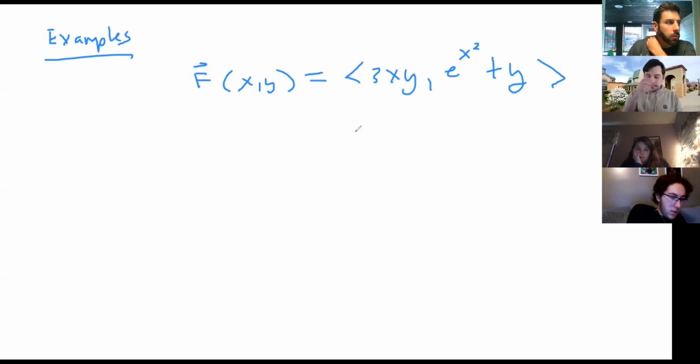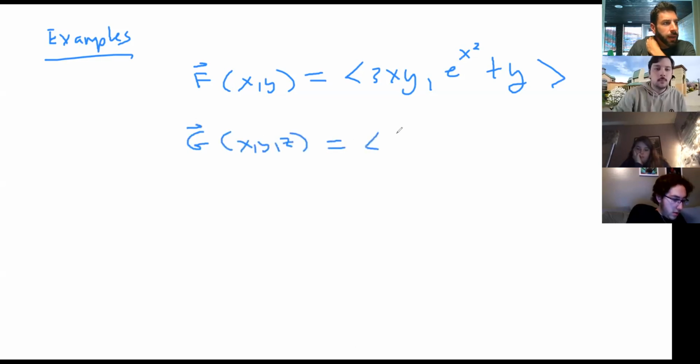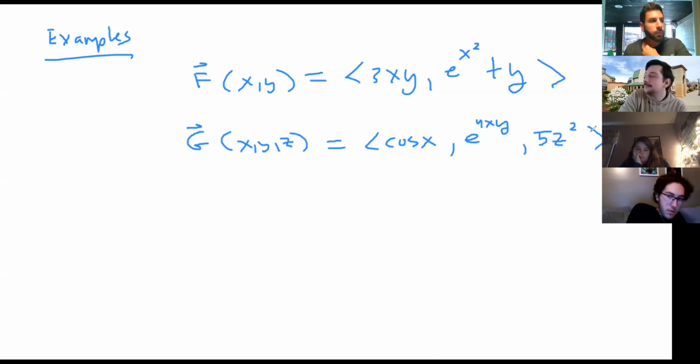So that's one example of a vector field. Let's do one in 3 dimensions. Perhaps we have cosine of x, e to the 4xy, and then 5z squared. Here are 2 examples of what we might call a vector field, or more abstractly, a function from R2 into R3, and then a function from R3 into R3.